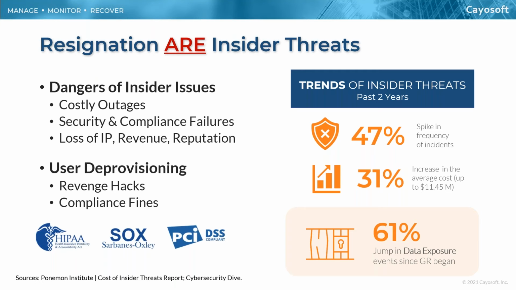So resignations, terminations, they are definitely insider threats to your organization. As we saw, there are quite a few different situations where people retire, they pass away, they're fired, they quit for other reasons, et cetera.